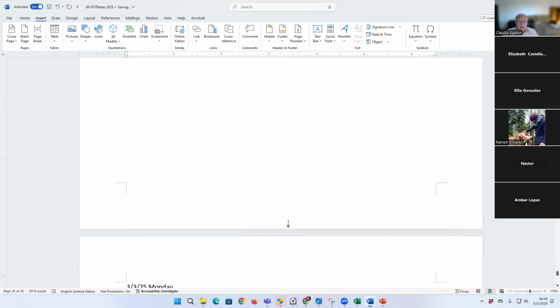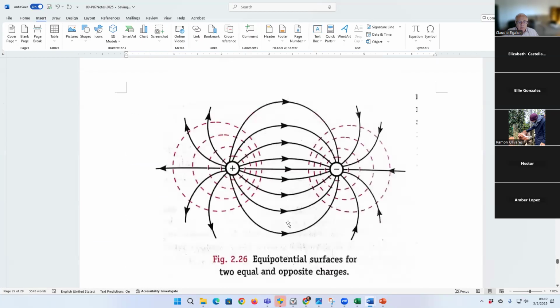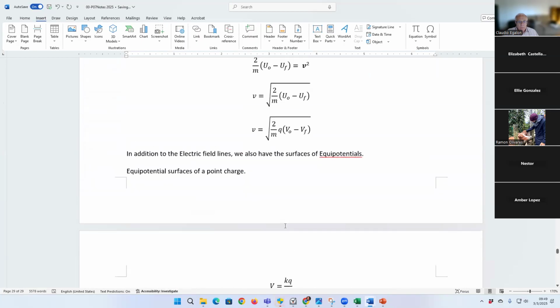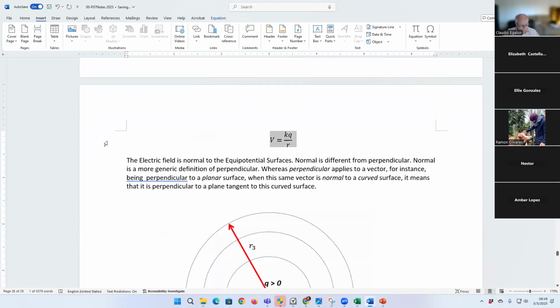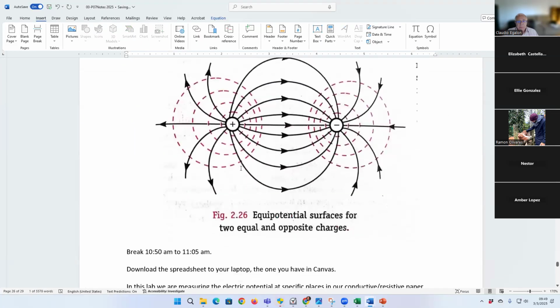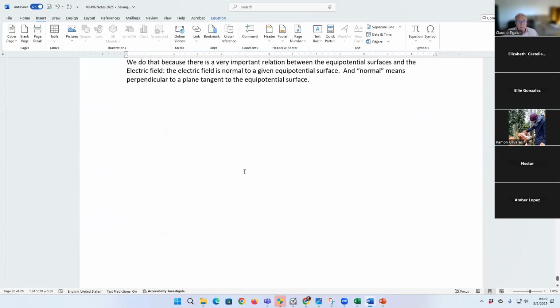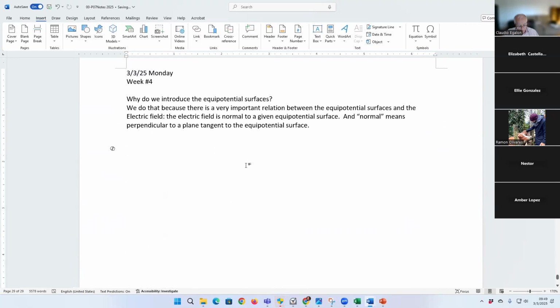And there is a mathematical relationship between the electric field and the electric potential.